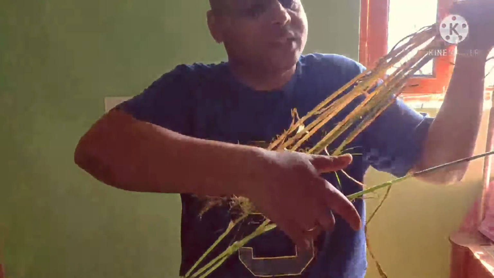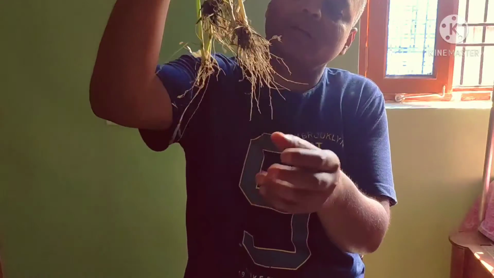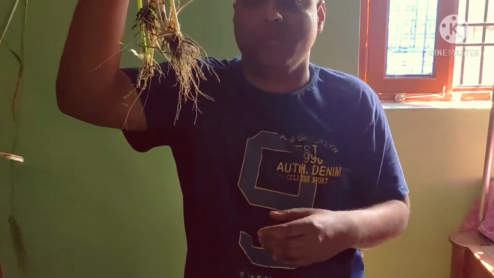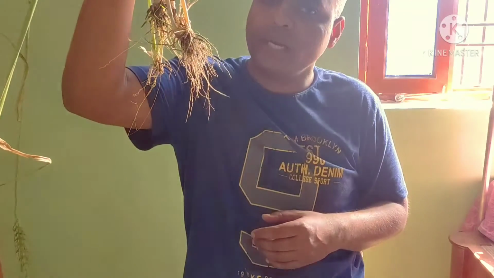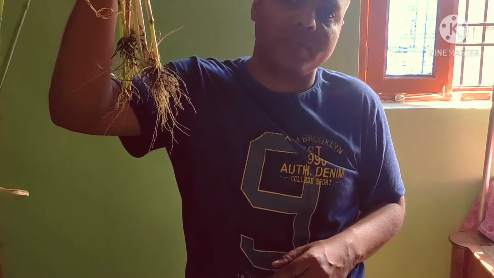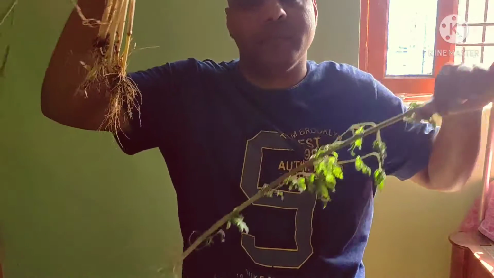And you see the growth of this fibrous root is not much elongated, but horizontal growth is more here. Right, students? So this is my fibrous root system and this is our taproot system.